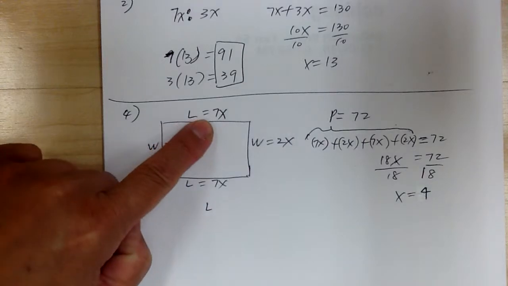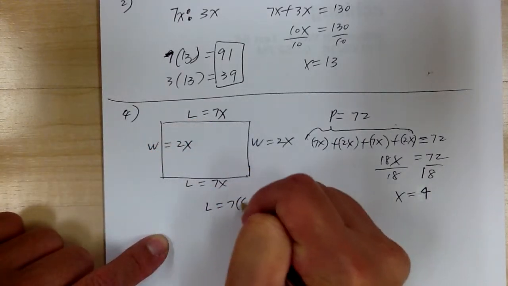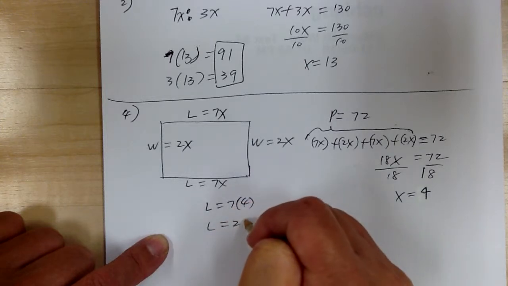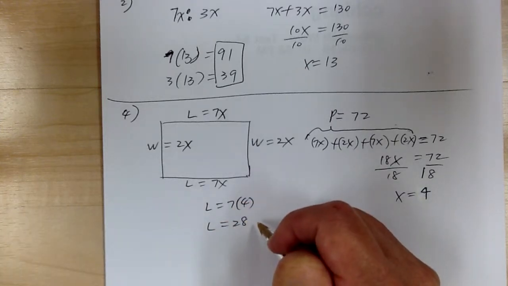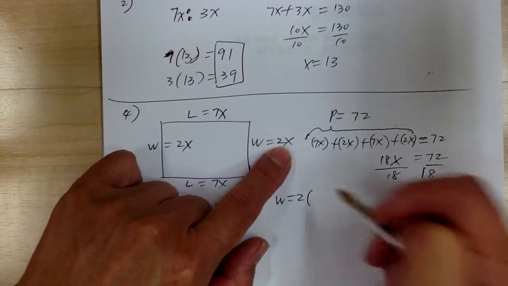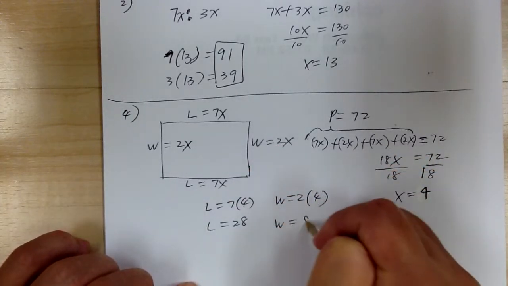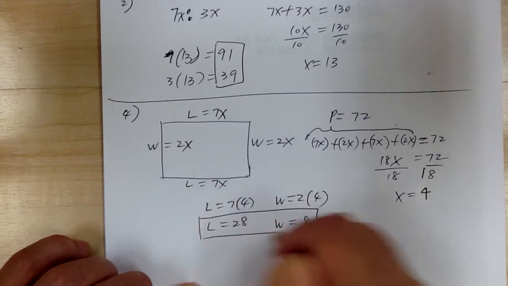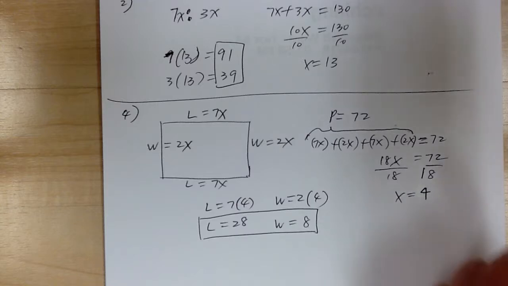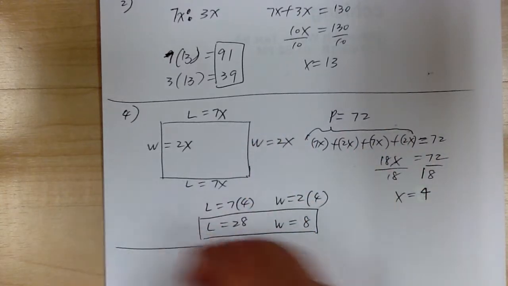The length equals 7 times x, so 7 times 4, and the length is equal to 28. And you have to write down the label. And the width is equal to 2x, so 2 times 4, the width equals 8. And those are your answers. So again, the x is your multiplier. That's what you need to multiply to get back to the original number.